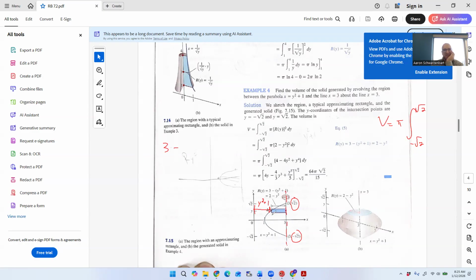The radius I'm interested in, the total distance is 3, right? So this is the radius I'm interested in, 3 minus the function. Does that make sense? Distribute the minus and you end up with 2 minus y squared. That makes sense.